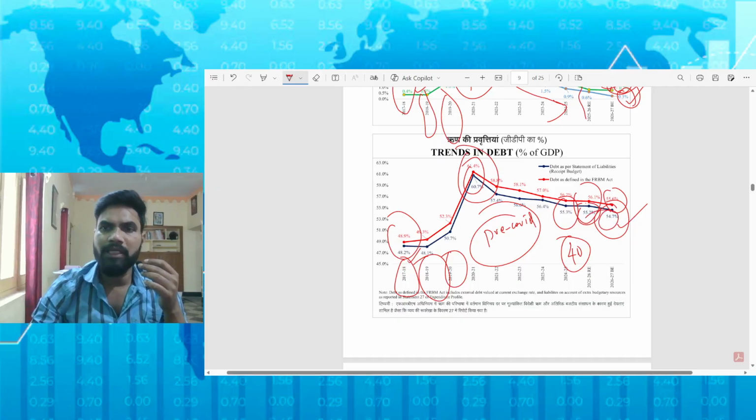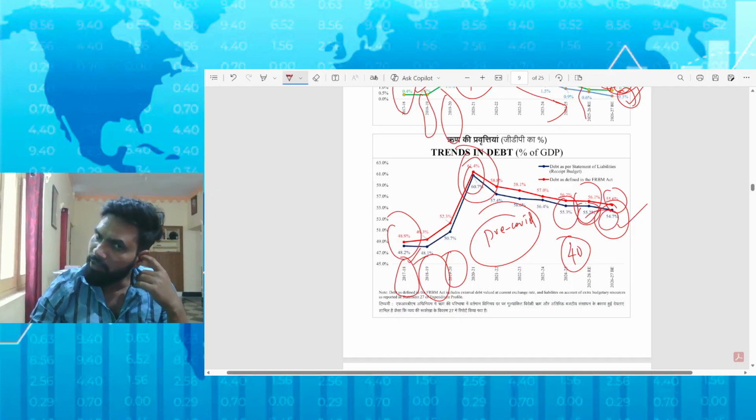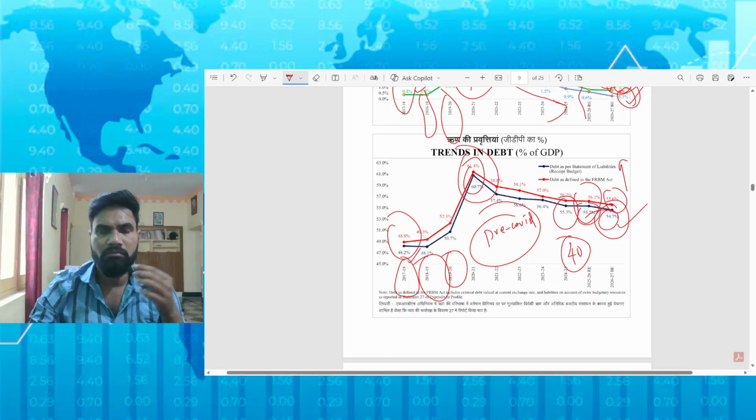So we can say that we are not at a comfortable level, but still I would say it's reasonable, because other countries like Brazil have very high debt to GDP ratios. It goes up to 60 to 70%. So compared to them, we are well placed, we are better.